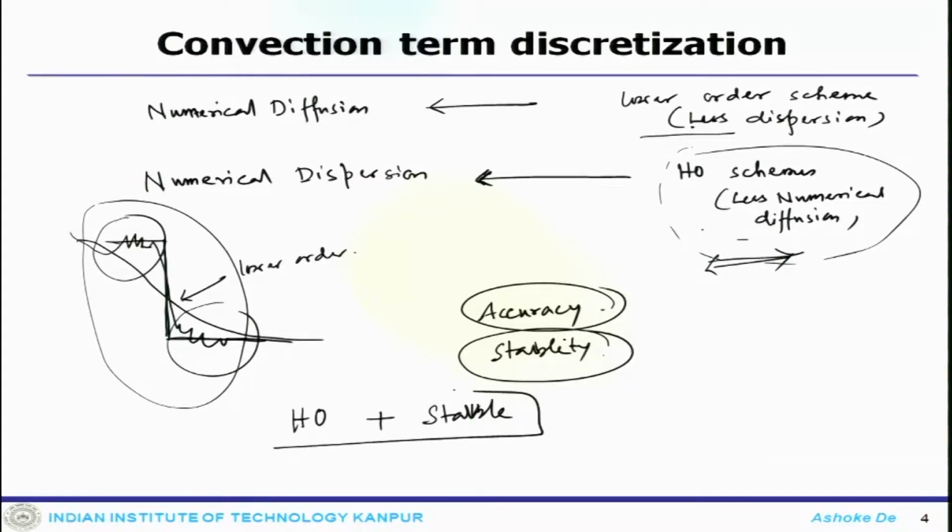So, that is what one needs to find out, and how we can devise those kinds of high resolution schemes, that we will see. Now, when you talk about those high resolution schemes, they are formulated based on the normalized variable formulation, which is known as NVF.